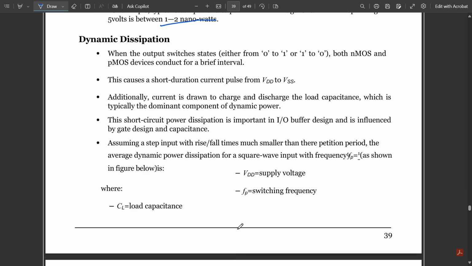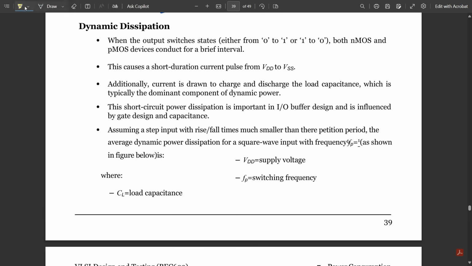Next, we have one more important kind, that is dynamic power dissipation. In static it was very easy, but for dynamic, you see the difference here. When the output switches, either from 0 to 1 or 1 to 0, both NMOS and PMOS devices conduct for a brief interval.